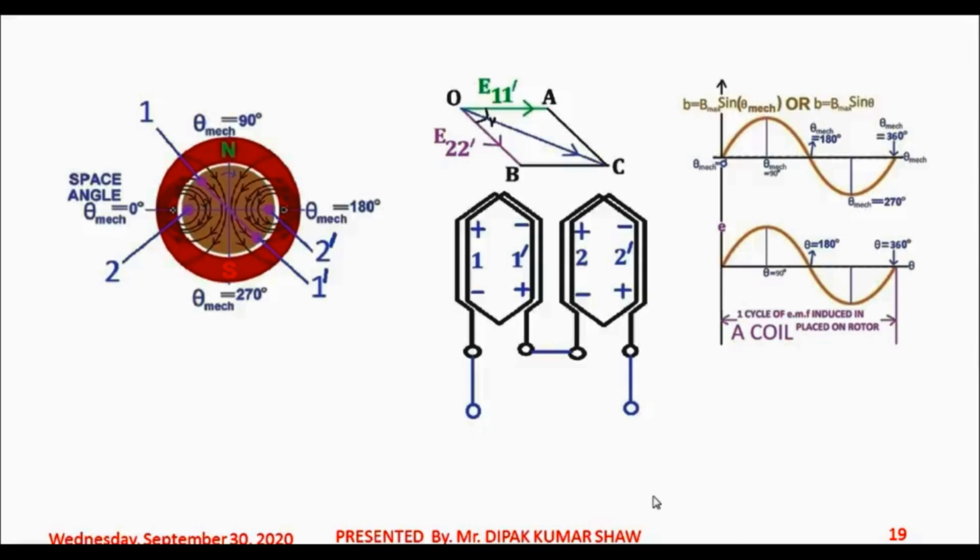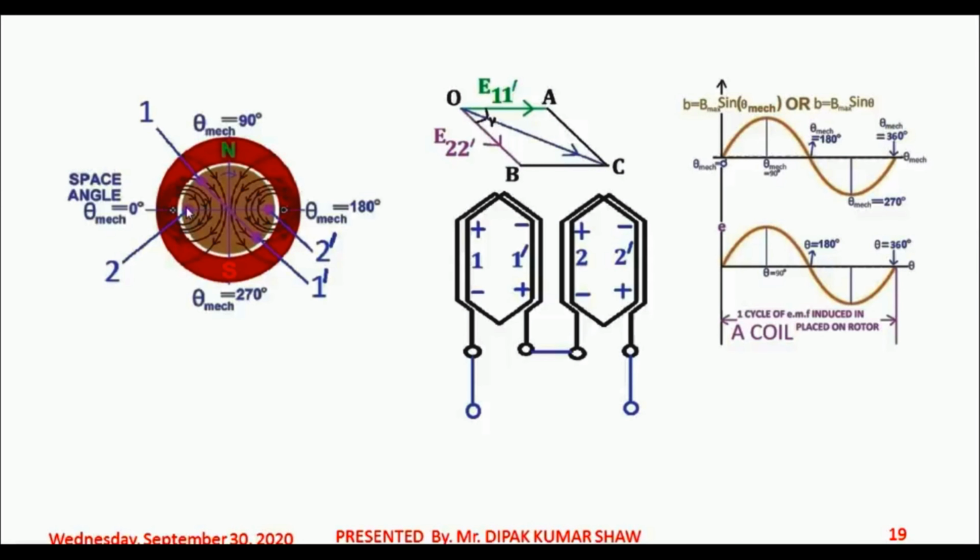So it's a multi-turn coil, and in the diagram right now, you can view two coils which are named 1 dash and 2 dash. These two coils are connected in series. Further, these two coils 1 dash and 2 dash are distributed over the rotor periphery.